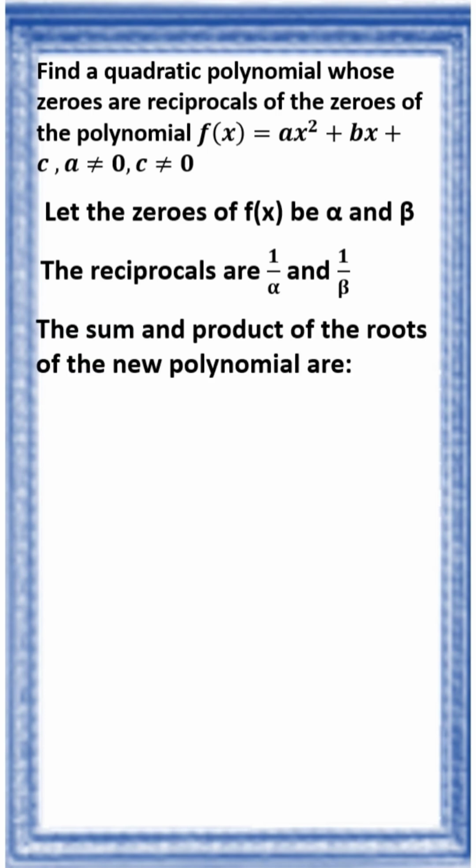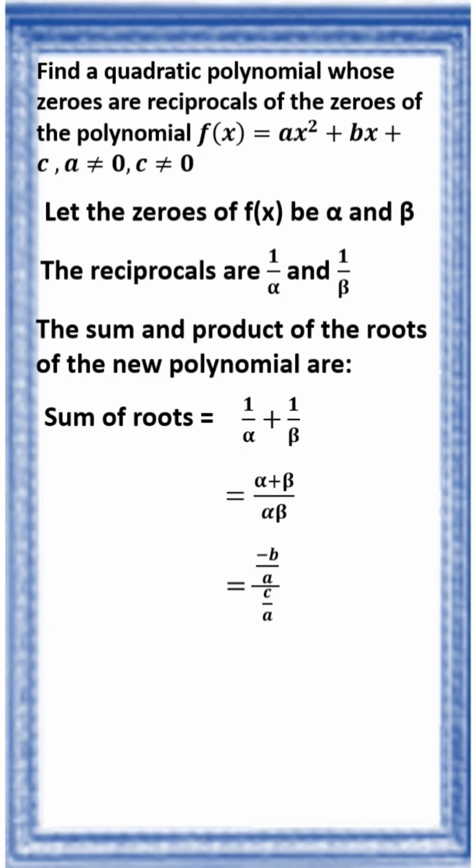So the sum and product of the roots of the new polynomial are: sum is 1 by alpha plus 1 by beta. Here LCM is alpha into beta, so in the numerator alpha plus beta divided by alpha into beta. But we know that the sum of the roots is minus b by a and the product of the roots is c by a.